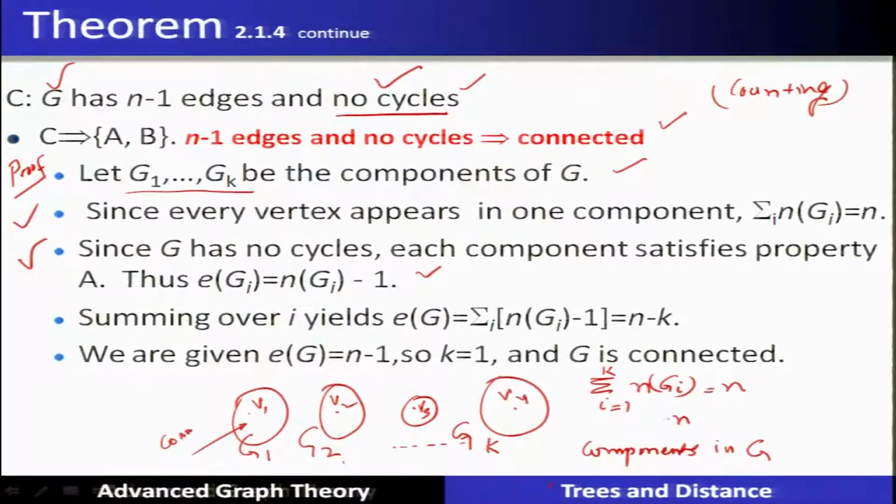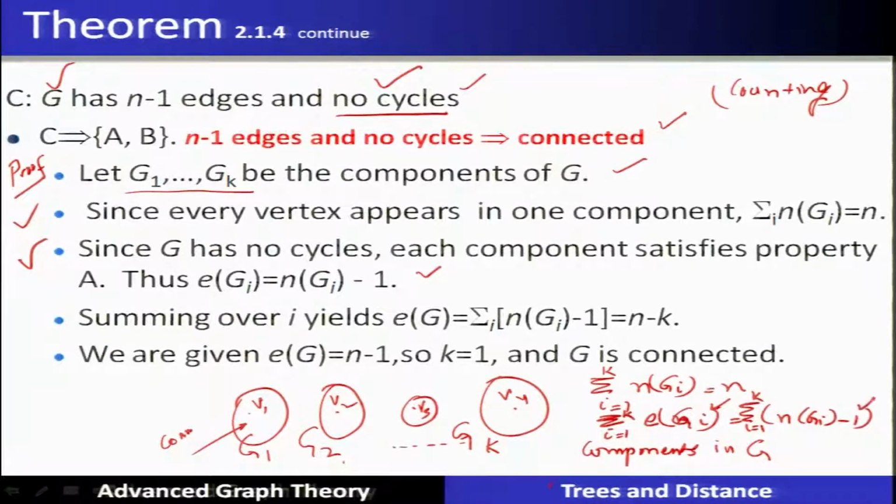So, let us count these number of edges also, from 1 to k. So, that becomes the summation of E of Gi, the number of edges in a particular component, which is n of Gi minus 1, and this particular summation will go from i equal to 1 to k.